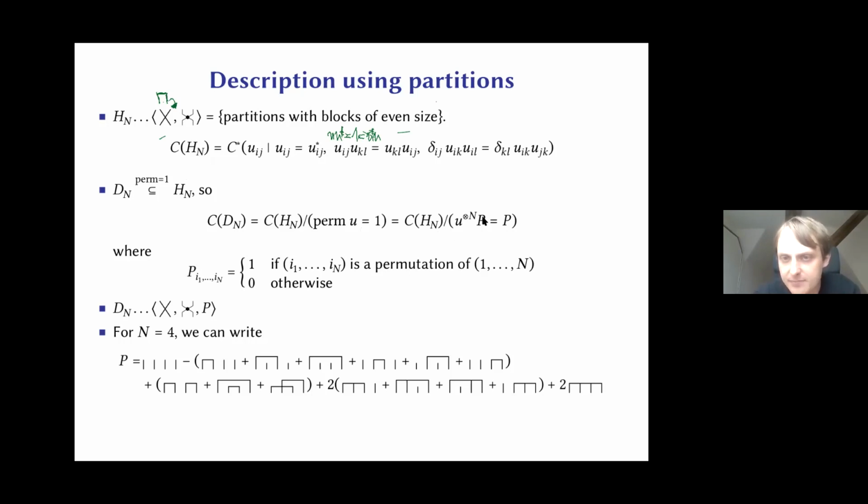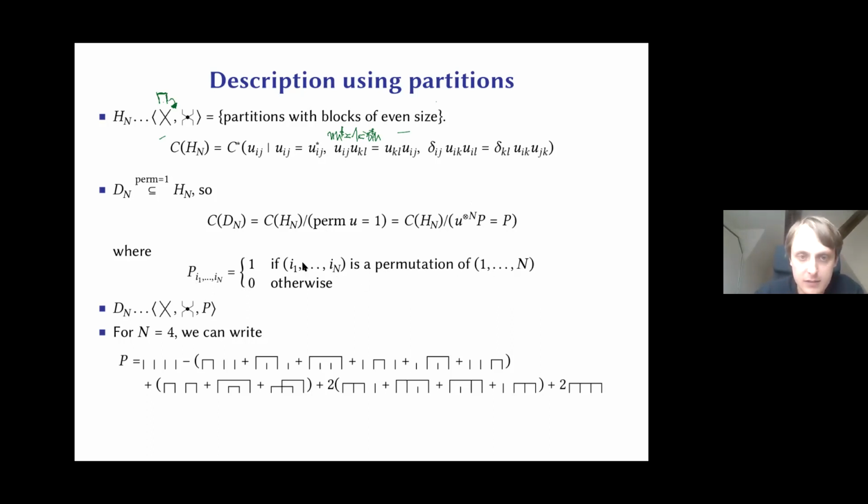This P is an element of the nth tensor power of the vector space, and it's exactly the generator of the invariant subspace corresponding to the permanent as a representation. So you can write down this P in its entries: P_{i1...in} equals 1 if i1 to in is a permutation of the numbers from 1 to n.